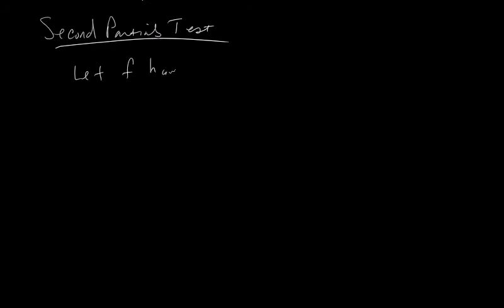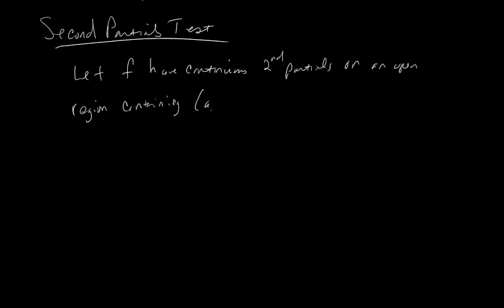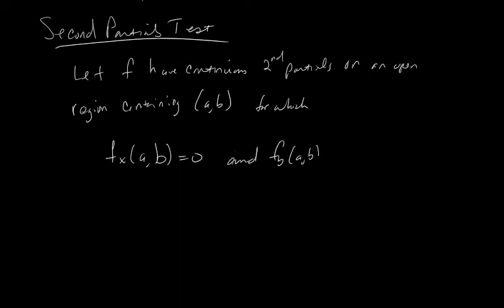Let f have continuous second partials on an open region containing the point (a, b), for which f sub x of (a, b) is 0 and f sub y of (a, b) is equal to 0. Okay, so that's a whole lot of words to say that (a, b) is a critical point.